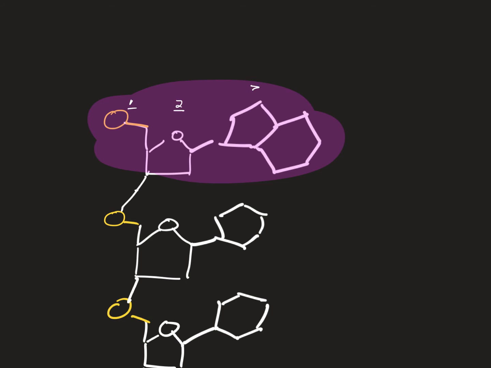And 3, the nitrogenous base. So phosphate, sometimes a deoxy or ribose sugar, depending on whether you're doing DNA or RNA, and 3, nitrogenous base.